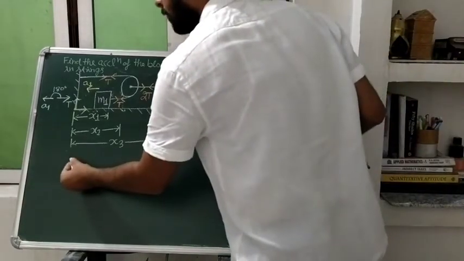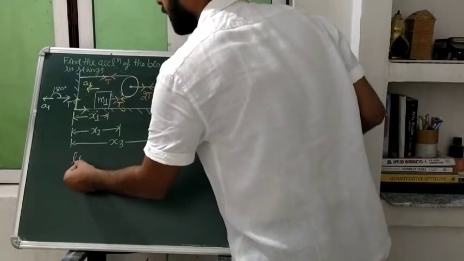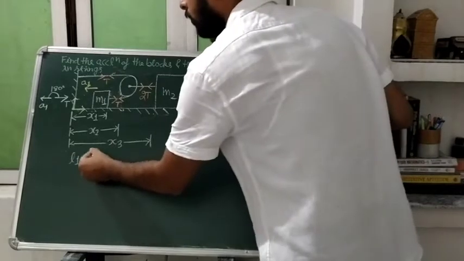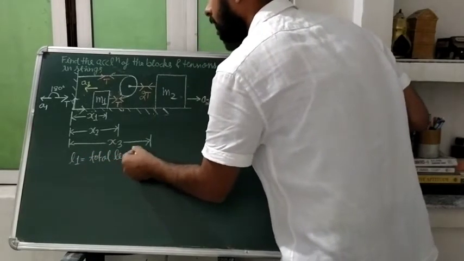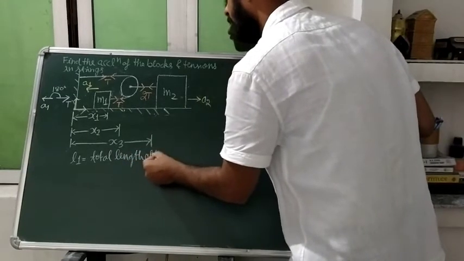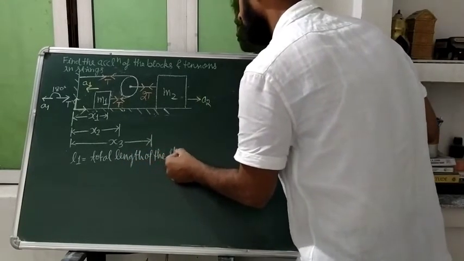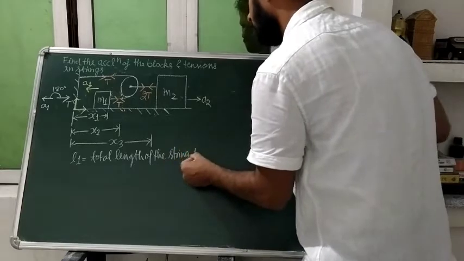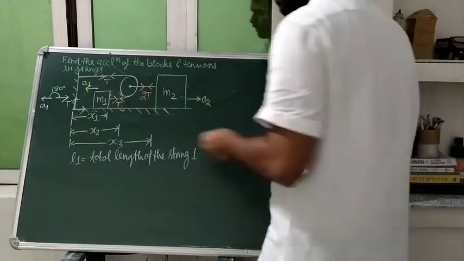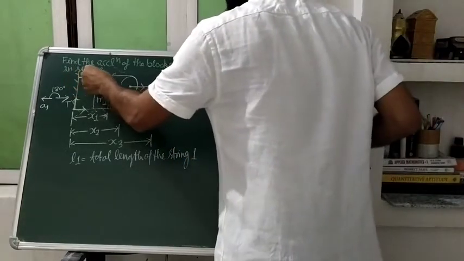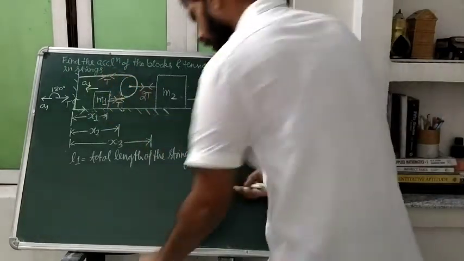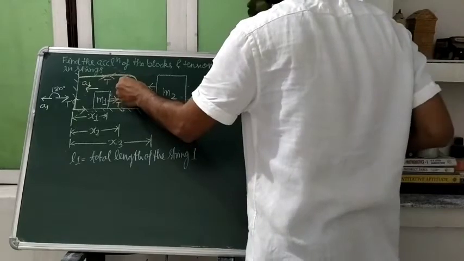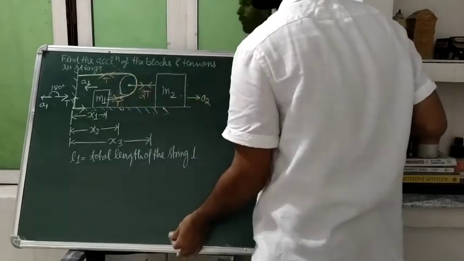So suppose L1 is the total length of this string. Of course, there is the first string and this one is the second string.